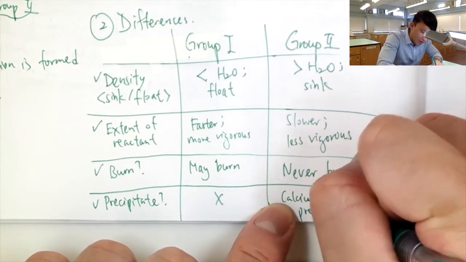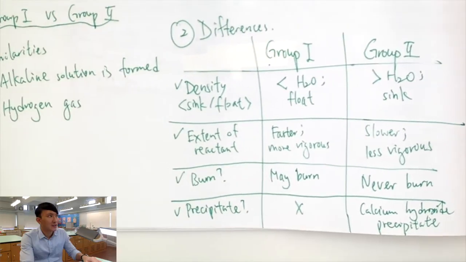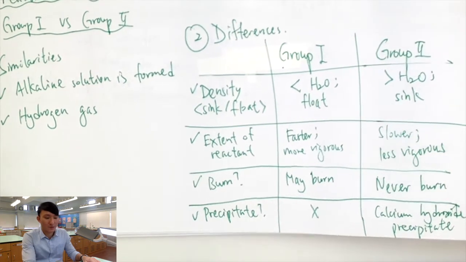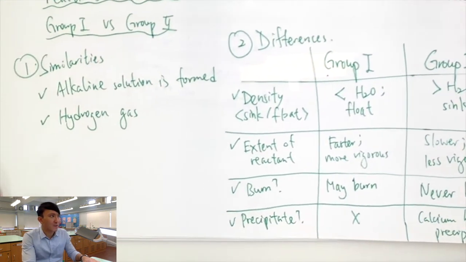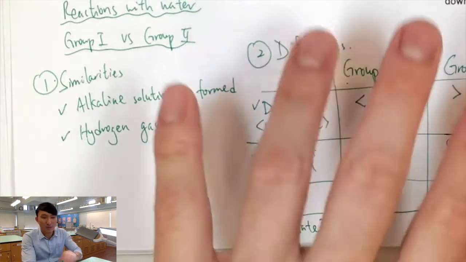Interestingly though, for other members of Group 2 under calcium, which include strontium and barium, their hydroxides are more soluble than calcium hydroxide. Therefore, they won't form any precipitate. Calcium hydroxide, because it is only slightly soluble in water, can form a precipitate. All right. So here we compared the reaction with water, Group 1 versus Group 2, which will probably be a very popular question in the exam, because we have so many things to compare.